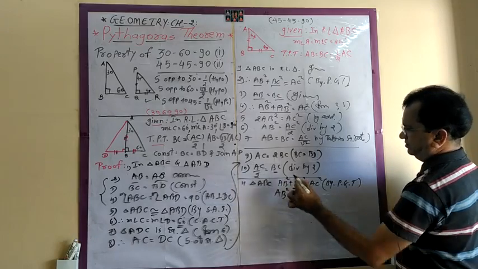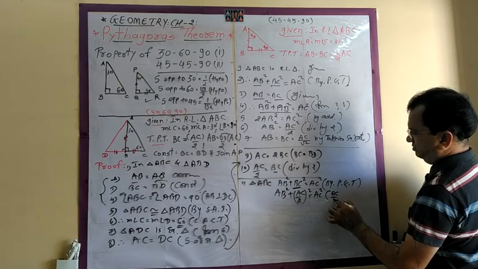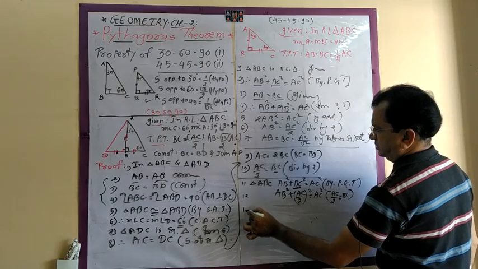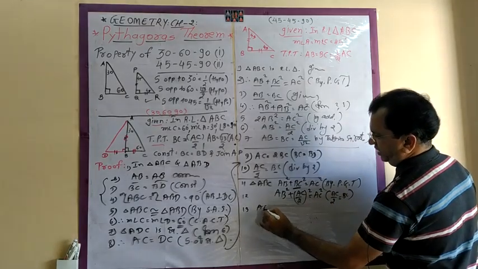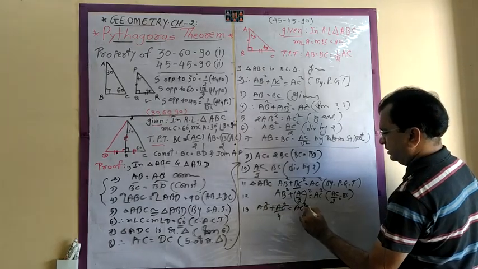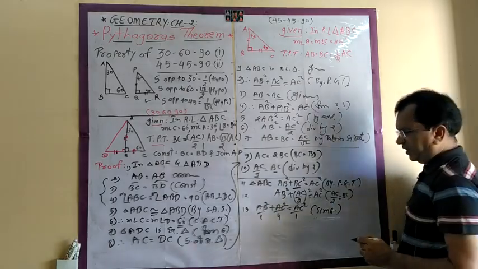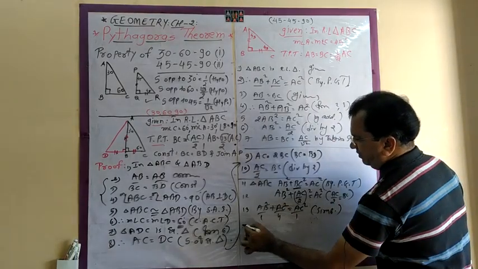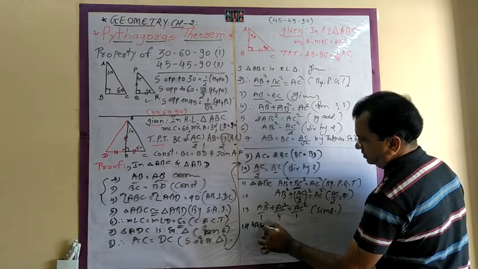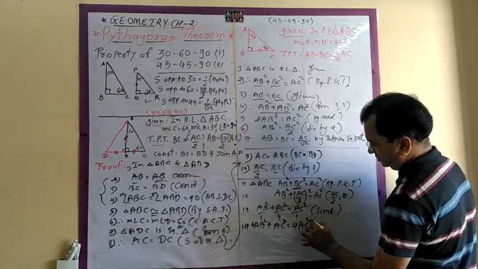The value of AC will remain AC. By substituting AC by 2 is equal to BC, taking square and simplifying, AB square plus AC square by 4 is equal to AC square by 1. Now multiply by 4. So this is 4AB square plus AC square is equal to 4AC square.